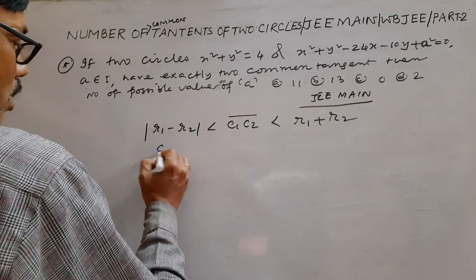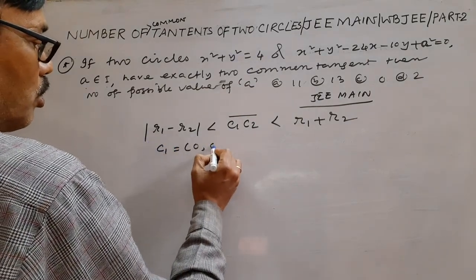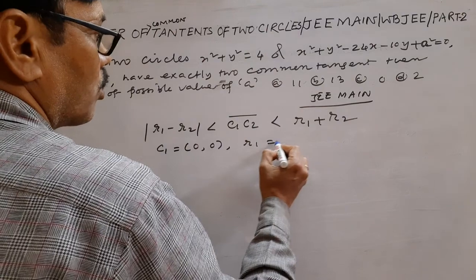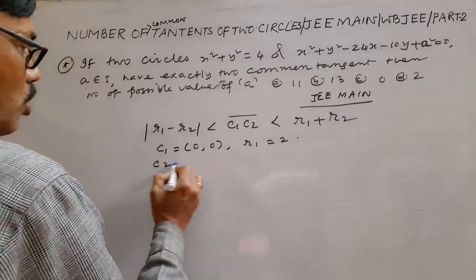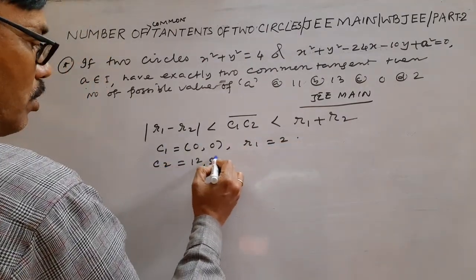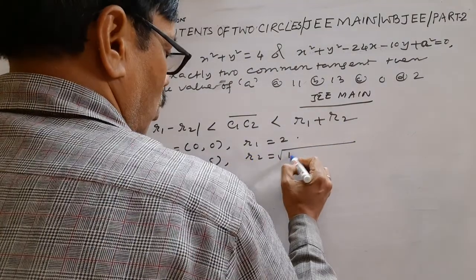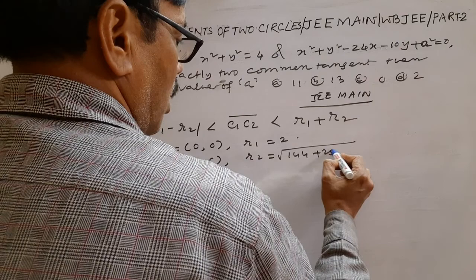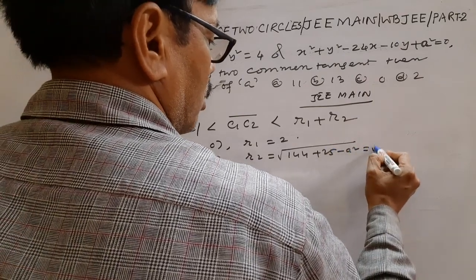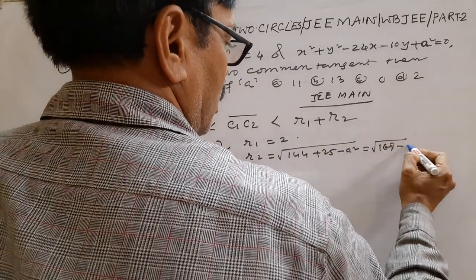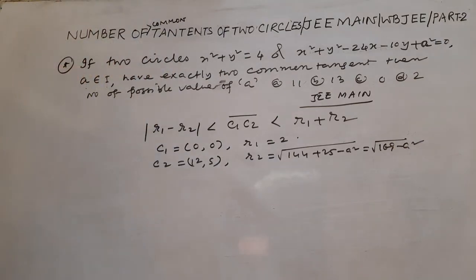Now what is C1? C1 equals 0, 0, R1 equals 2. C2 is 12, 5. And what is R2? Root of 144 plus 25 minus a square, so root of 169 minus a square.